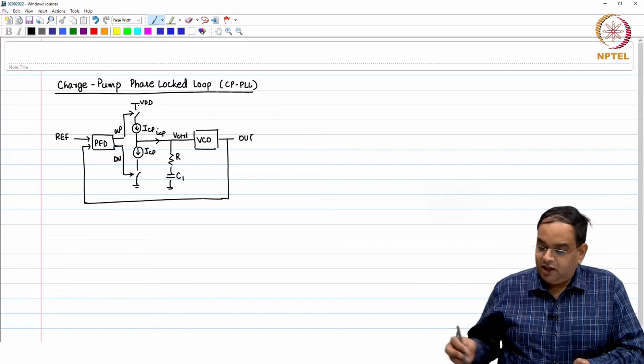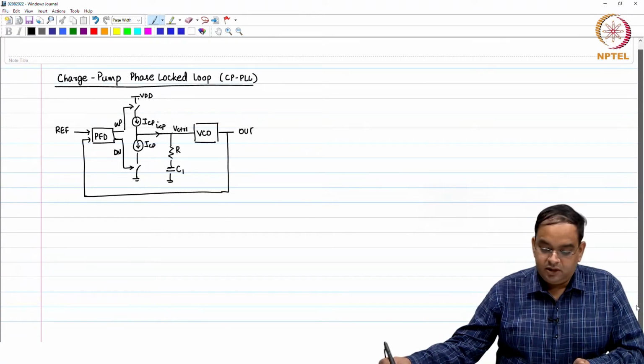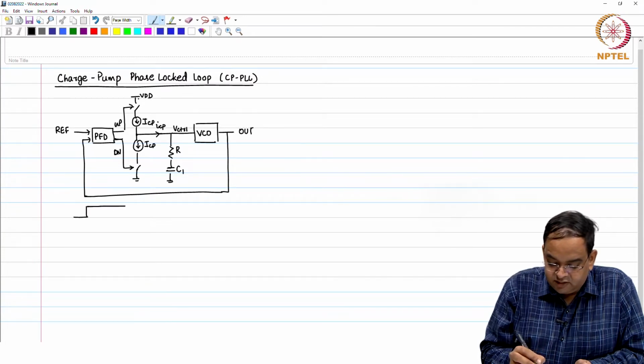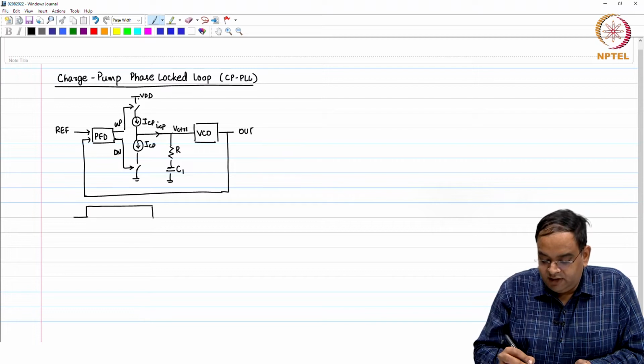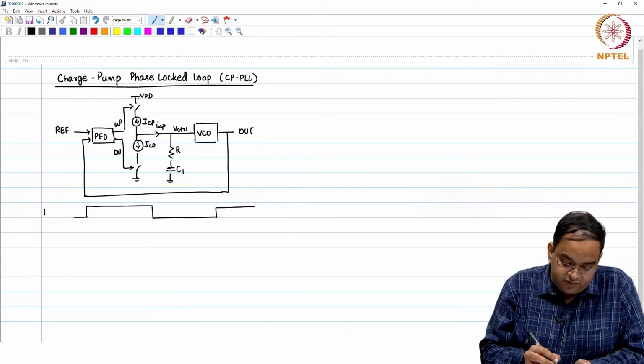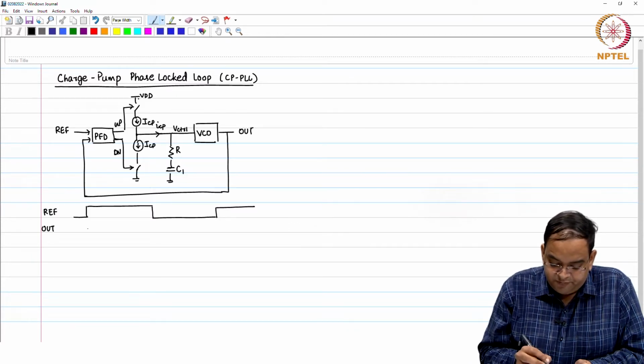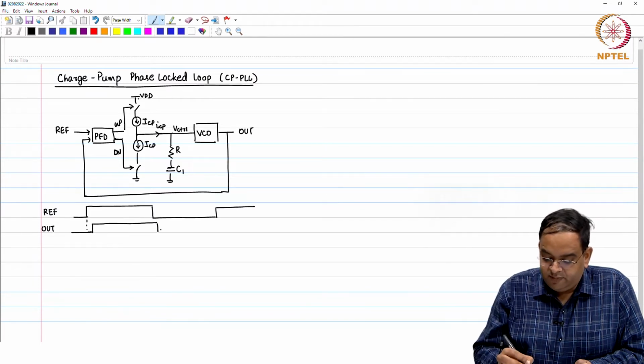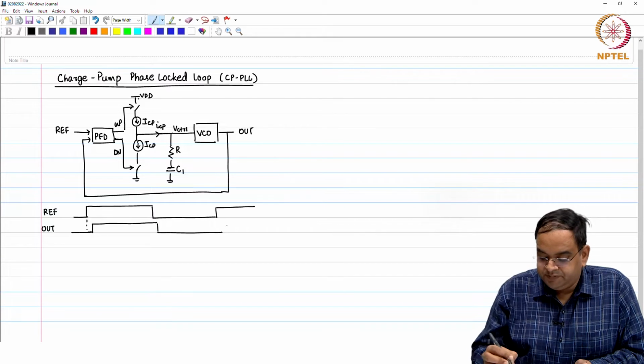Now, in this actual circuit, if we look at the reference and the output pulses at any given instant of time, you may have some phase error between reference and output. So, deliberately I am showing you what happens when you have some small phase error at that particular instant of time.